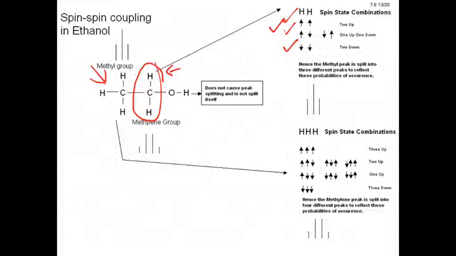It's not a static situation, it's totally dynamic. So this configuration here is twice as likely as that configuration or that configuration. So in terms of probability, you're twice as likely at any point in time to have one up and one down as you are to have both up or both down.